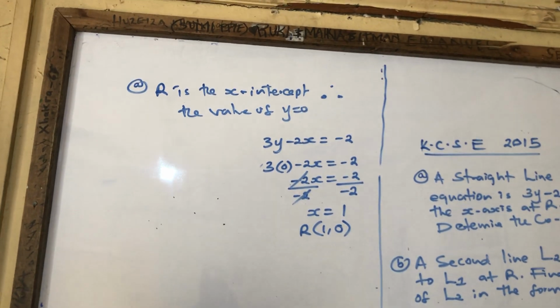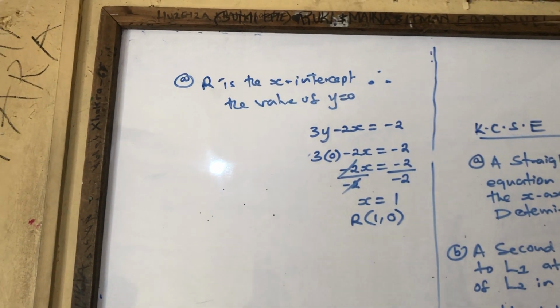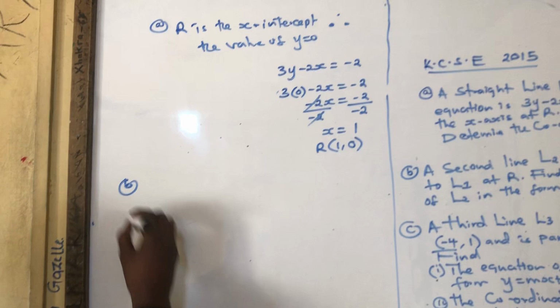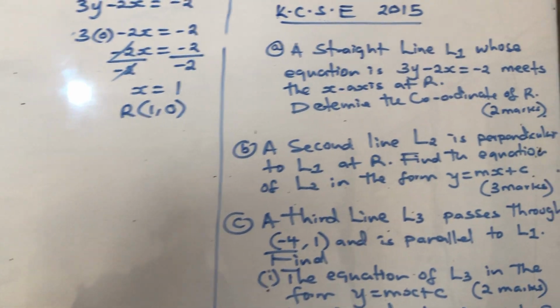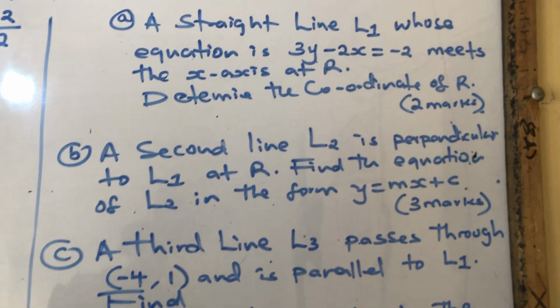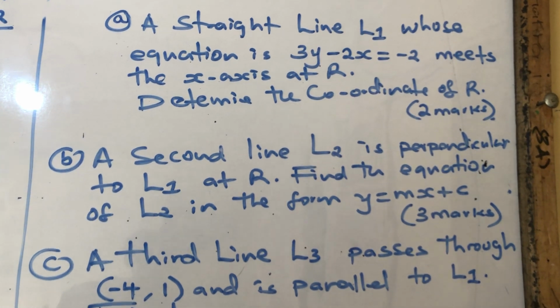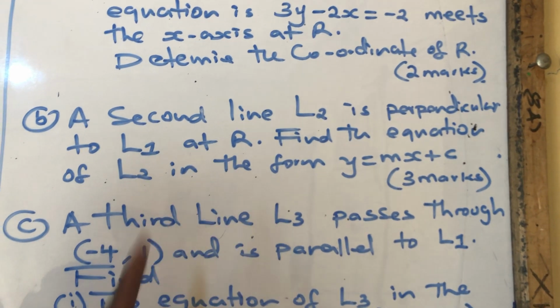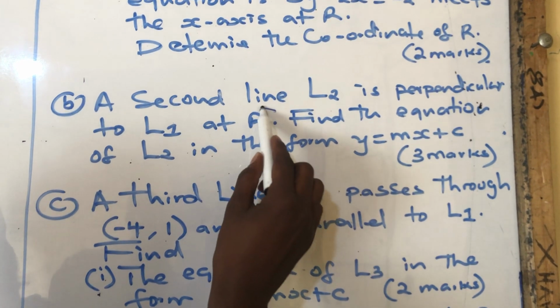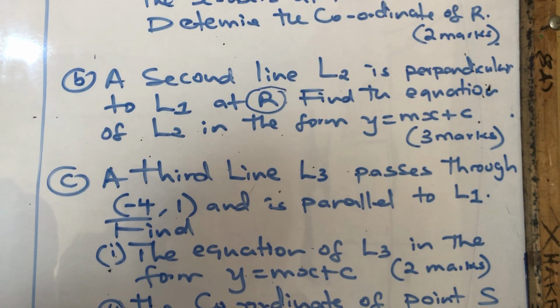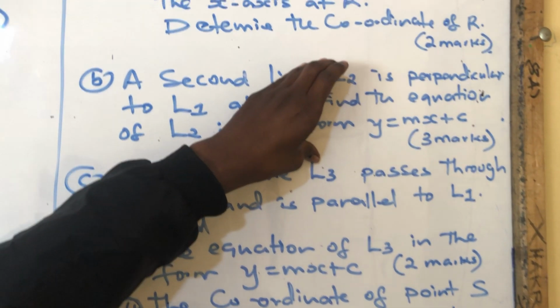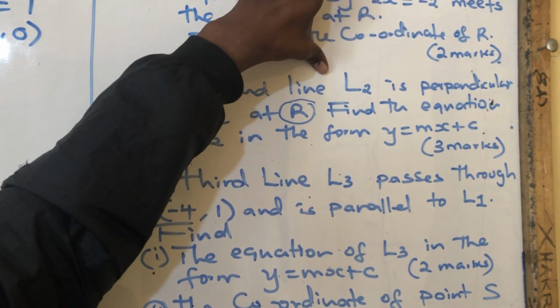I hope that has been understood. Which now takes us to part B. What is part B reading? A second line L2 is perpendicular to L1 at R. Something is interesting about this question. This question has been made to be dependent on the other one.